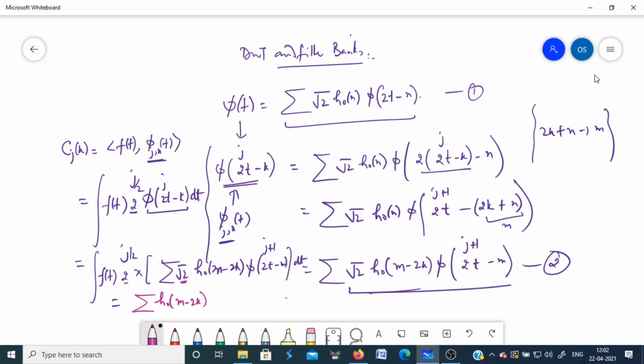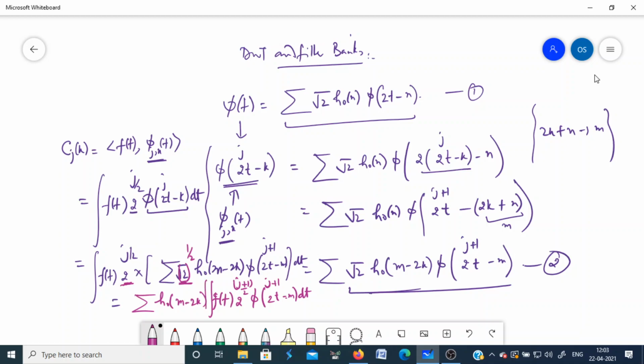If you multiply this with 2^(j/2), root 2 is basically 2^(1/2), so multiplying these two factors you get the integral of f(t) 2^((j+1)/2) phi(2^(j+1) t minus m) dt.